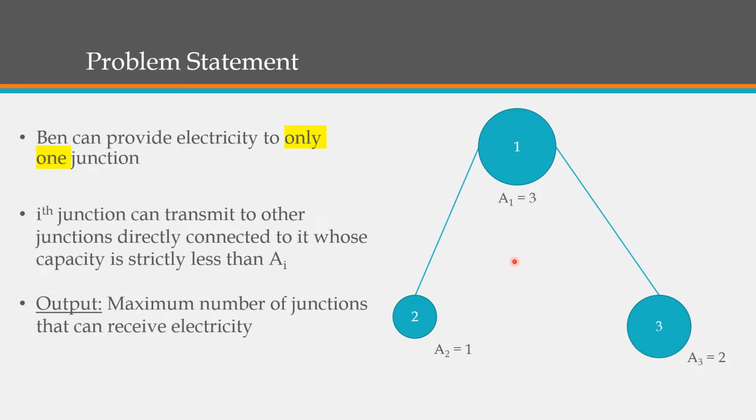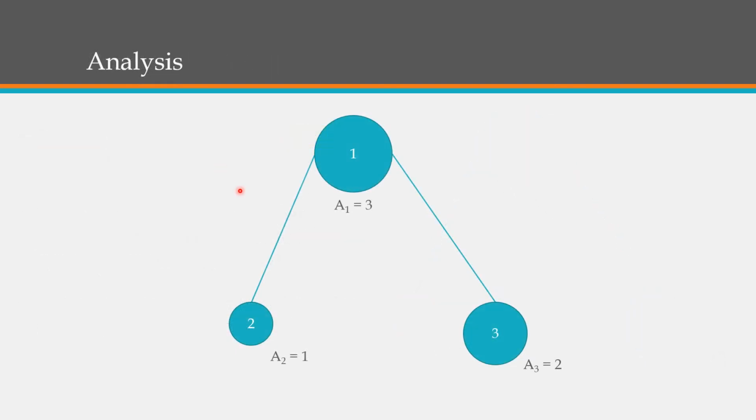Let us build a test case for this in the next slide. For the diagram which we discussed, this is the input. First they'll give the number of test cases, and for each test case they'll start with an integer representing the number of junctions, and then they'll provide the capacity at each junction.